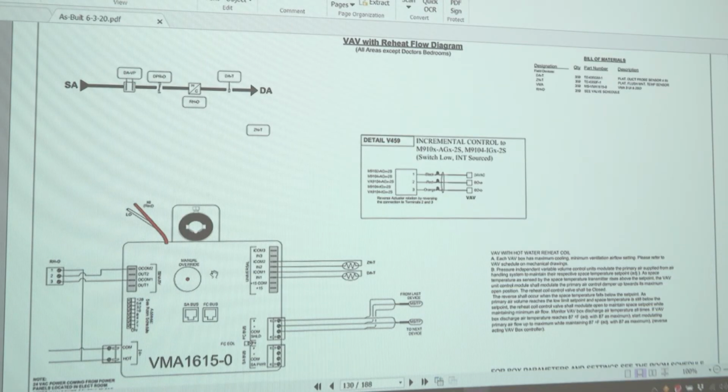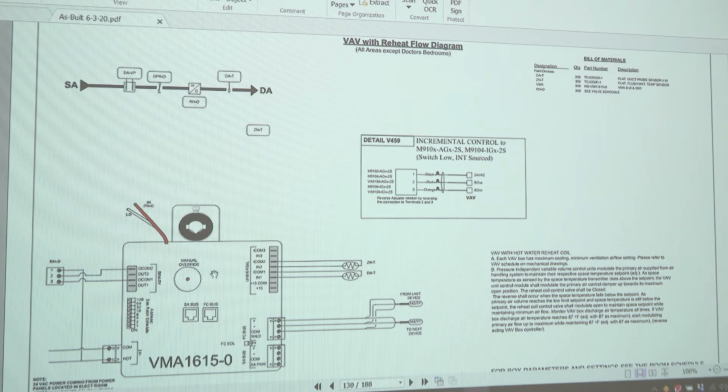We're now looking at the Johnson Controls as-built manual. We're looking at a typical VAV box with a reheat coil. As I said, there are over 500 VAV boxes installed on this project.